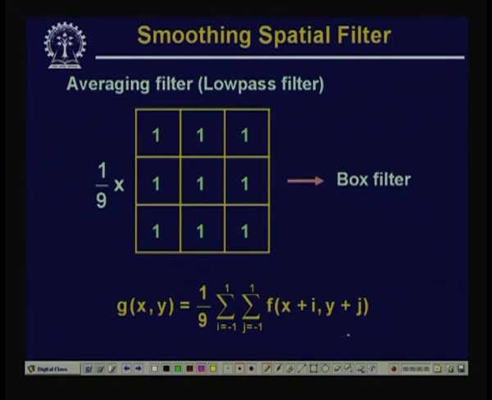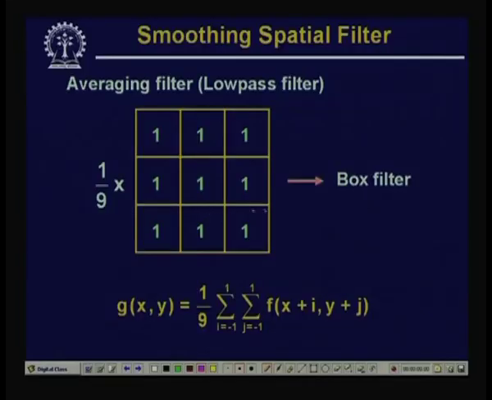This is what is known as an averaging filter, and also a smoothing filter. The filter or mask for which all the coefficients are equal to 1, as in this particular case, is known as a box filter.